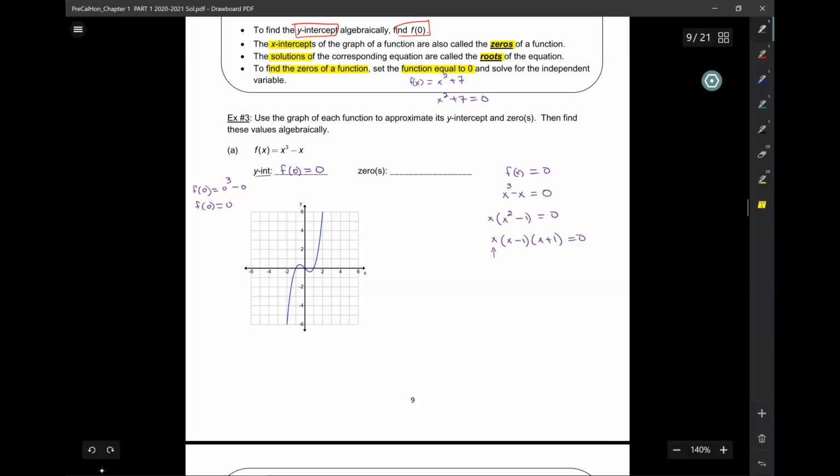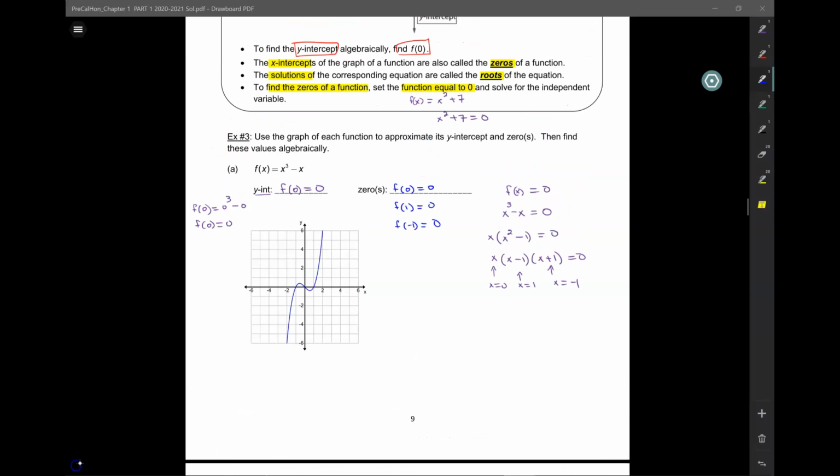So here, x is 0, x is 1, x is -1. And the way I want us to write the zeros is in function notation. So we're going to say f of 0 equals 0, f of 1 equals 0, f of -1 equals 0. That's telling us at those x values, 0, 1, -1, the y value is 0.